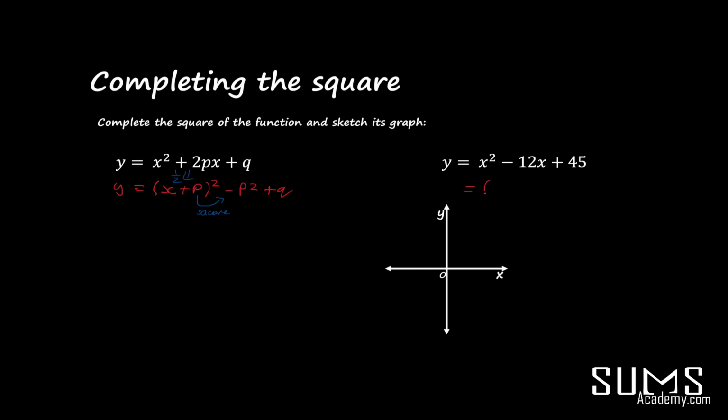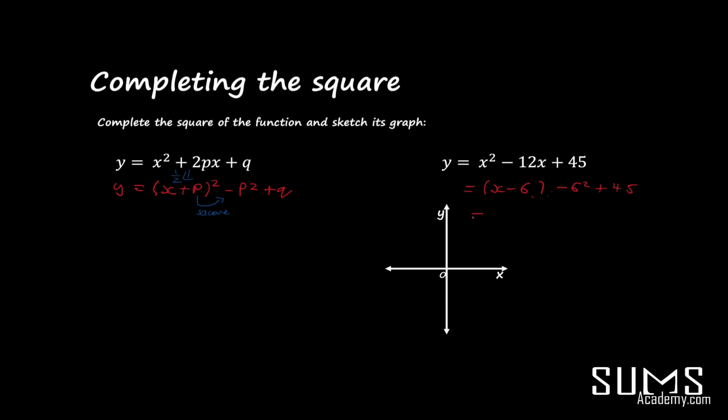So here, what we're going to do is set up our bracket, x, take half of this term here, so minus 6, and then we square minus 6, which becomes 36, so minus 6 squared plus 45. And remember this, people, even if it's a minus number here, you always minus whatever is in the bracket.